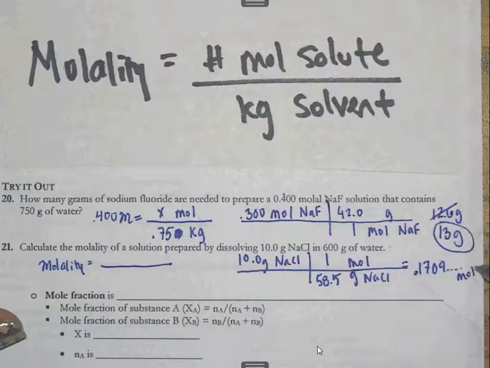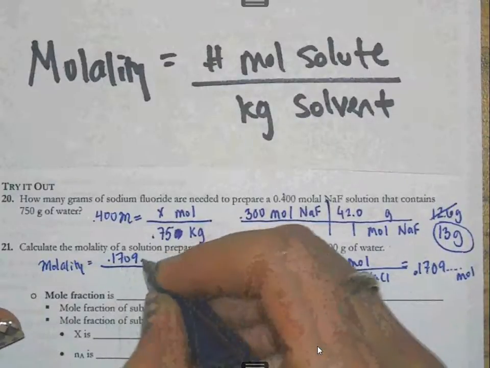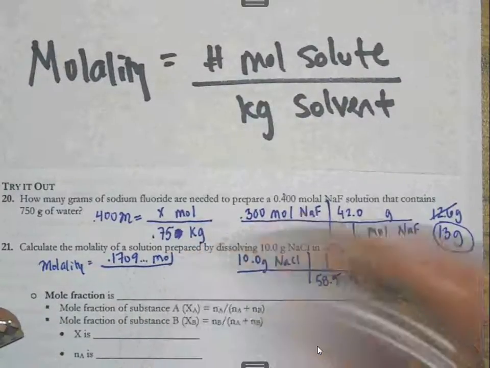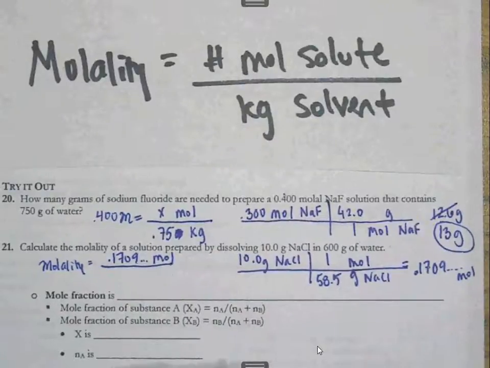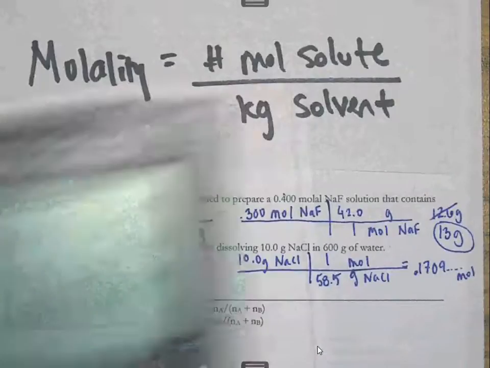So I'm going to store this answer in my calculator, or write every single digit of it down, and it's going to go over here as the number of moles. I just put ... on my paper to remind myself that it's actually still sitting there in my calculator right now. It's just waiting on me to do something with it.